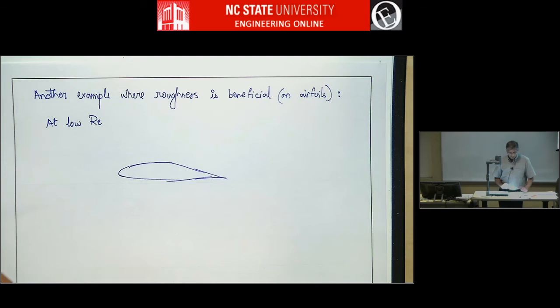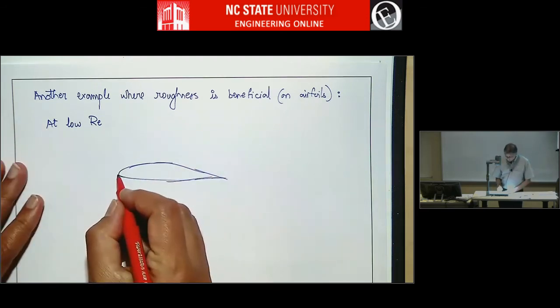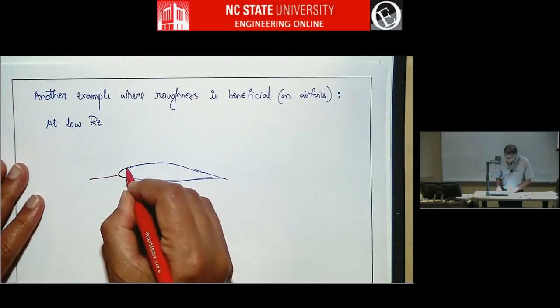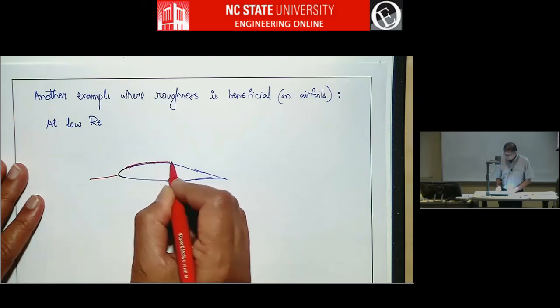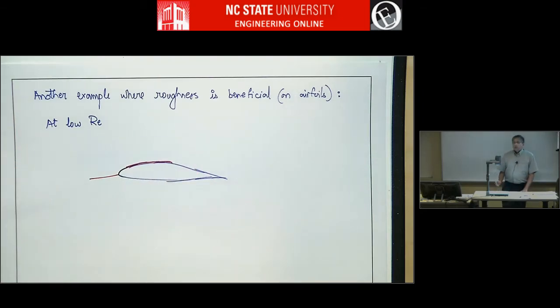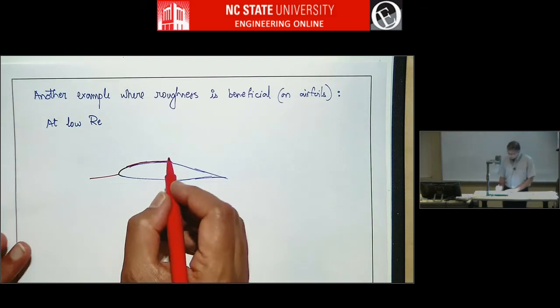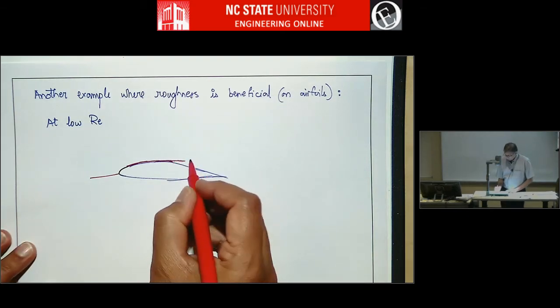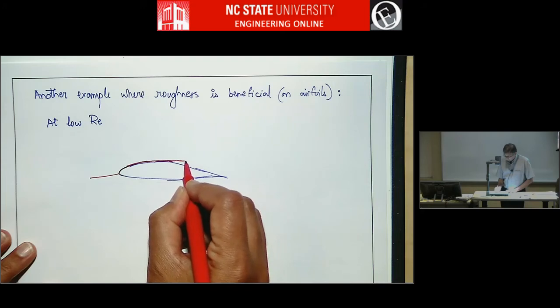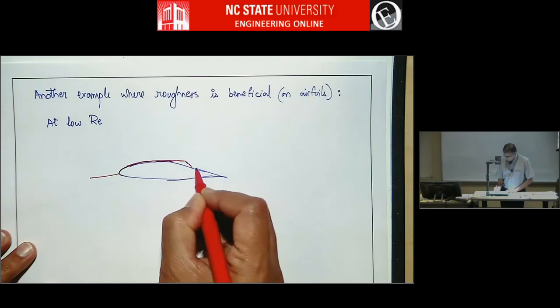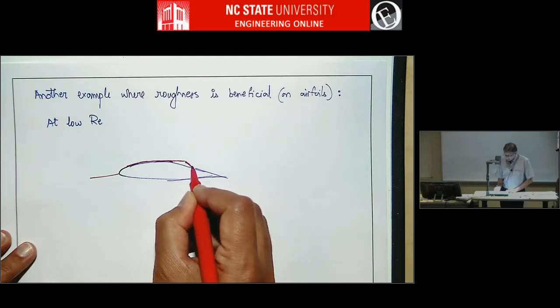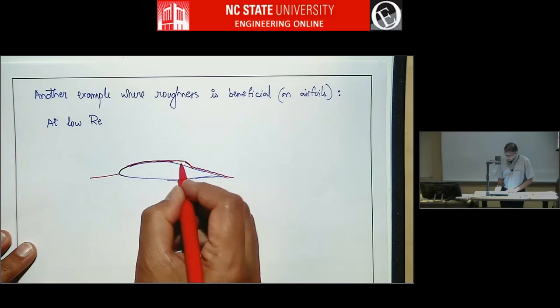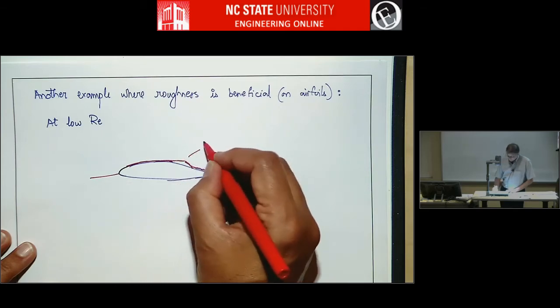At low Reynolds numbers, the laminar boundary layer wants to stay laminar because it's very stable, right? It does not want to become turbulent, but when it encounters adverse pressure gradient, it separates, and then the separated shear layer transitions, becomes a turbulent shear layer, and then becomes attached boundary layer. And so this is the laminar separation bubble.